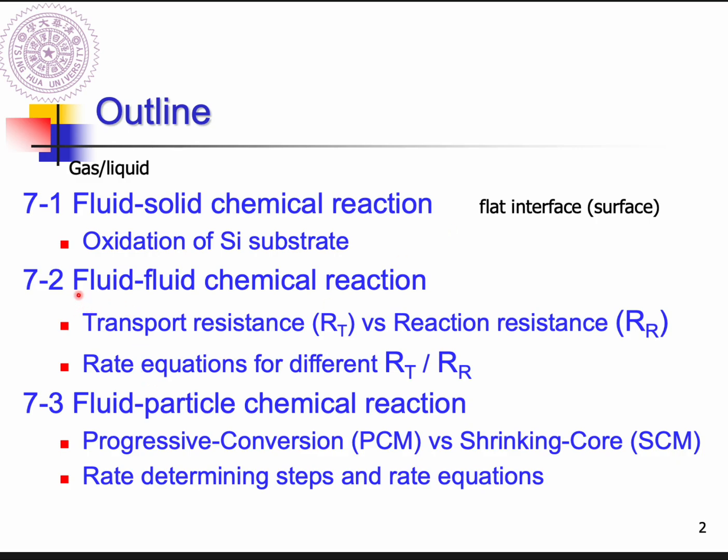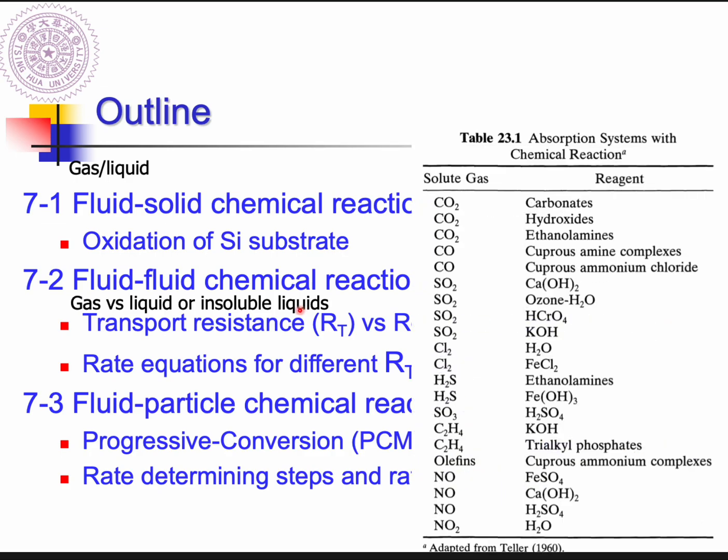The second section we are going to talk about will be the fluid-fluid chemical reaction. It can be a gas reacting with a liquid or two insoluble liquids. A gas reacting with a liquid can be something like using a liquid to remove a specific gas out of a gas mixture.